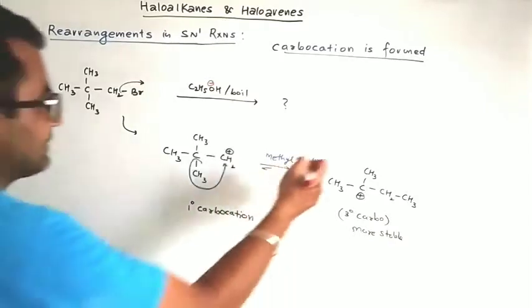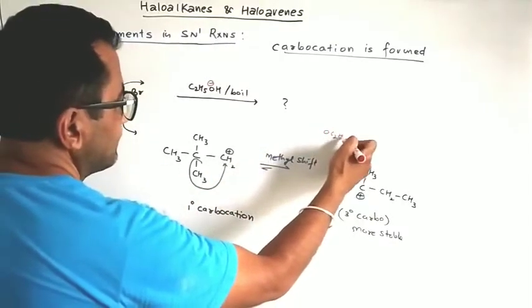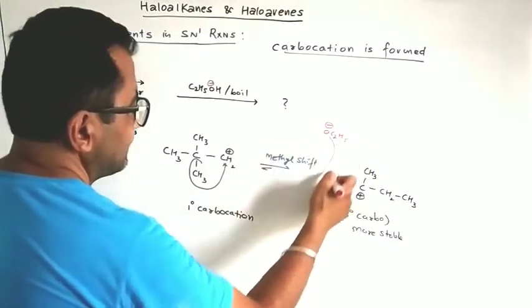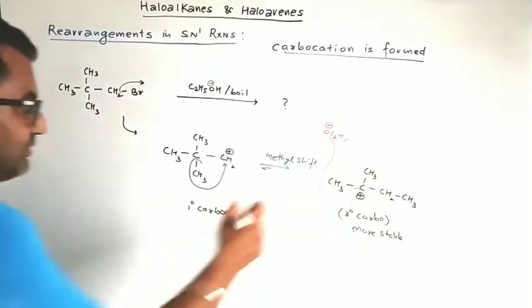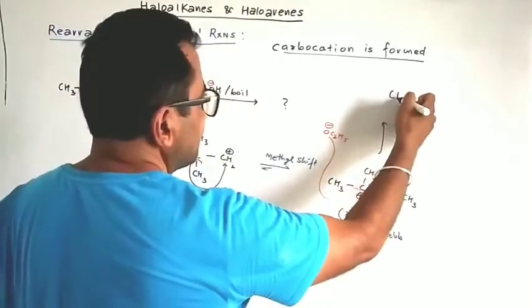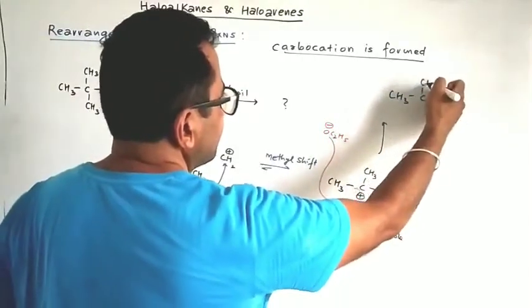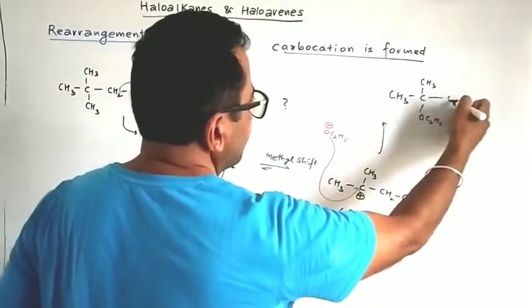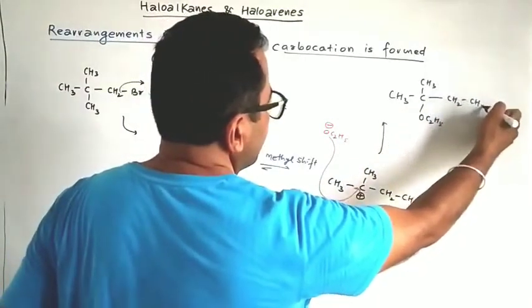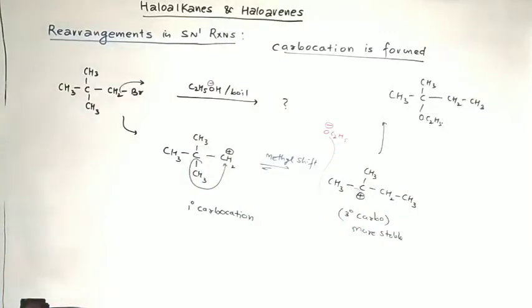Next, this ethoxide ion, OC2H5, attacks here to produce the final product. So this is your final product.